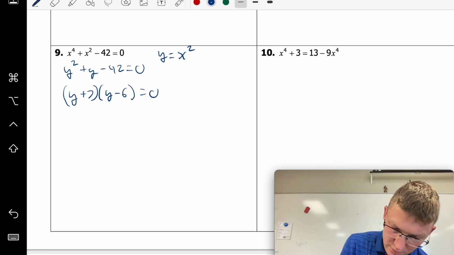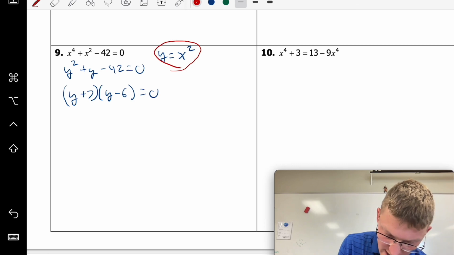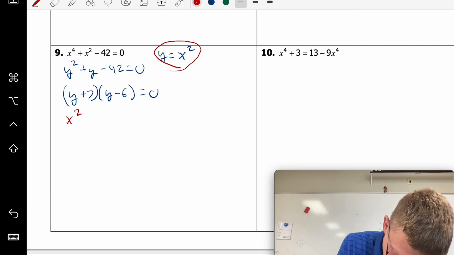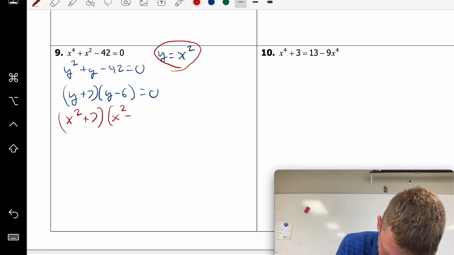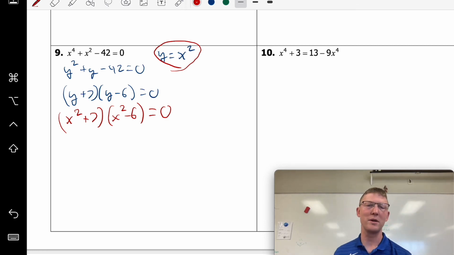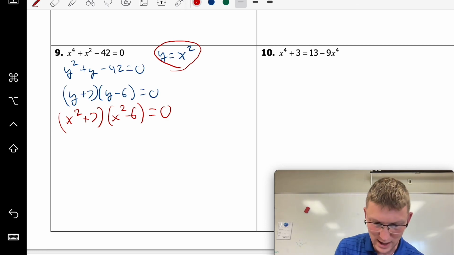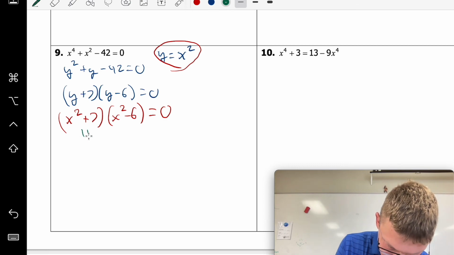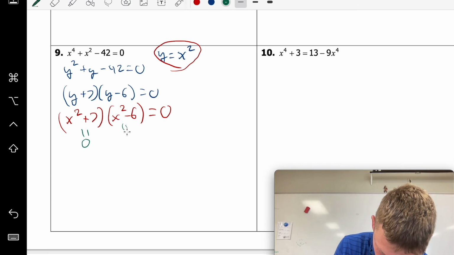So we're going to put those x squareds back in: x squared plus 7, x squared minus 6. You don't necessarily have to use the y's, but sometimes it's easier to visualize these things like that. So then that equals 0, that equals 0.